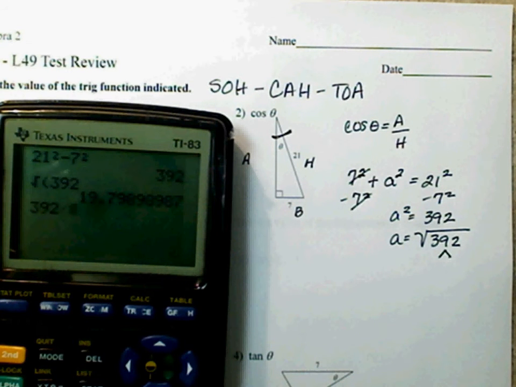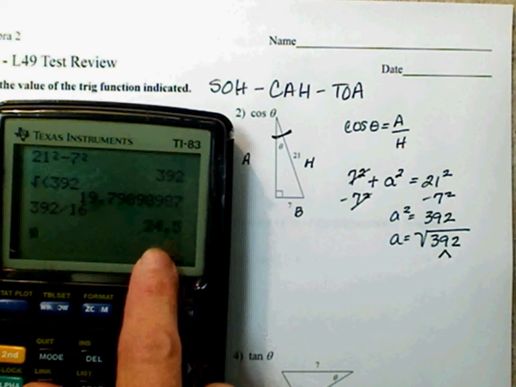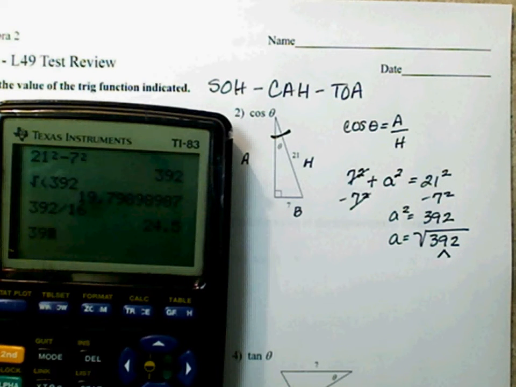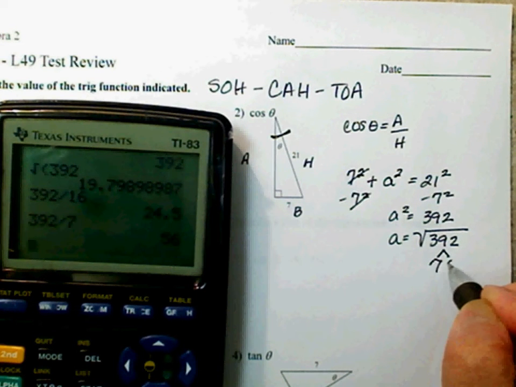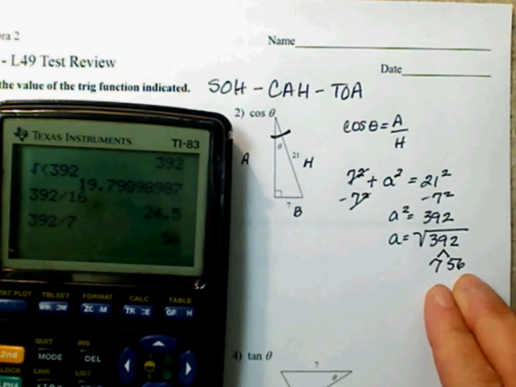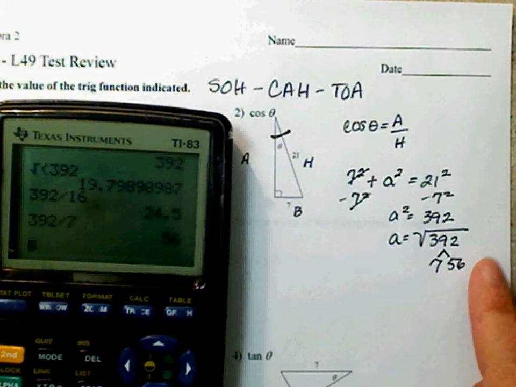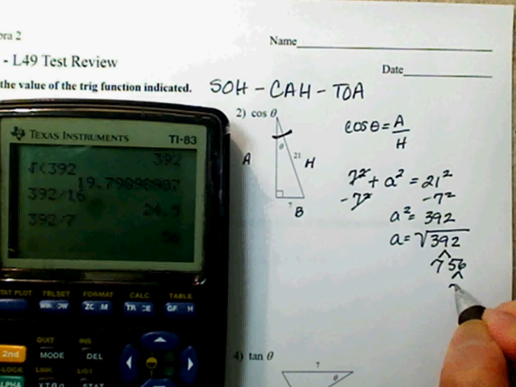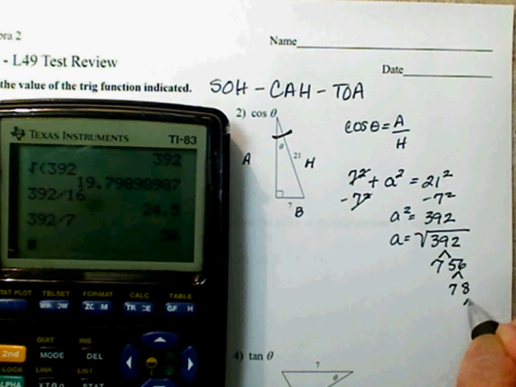392 divided by 16 does not give you a whole number, so it does not go into 16. So try 392 divided by 7, which gives you 56. 7 times 56 equals 392. You can use other factors. Factors of 56 are 7 and 8. Factors of 8 are 4 and 2.